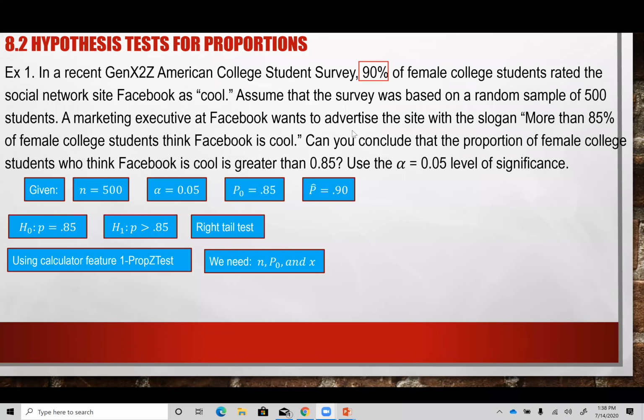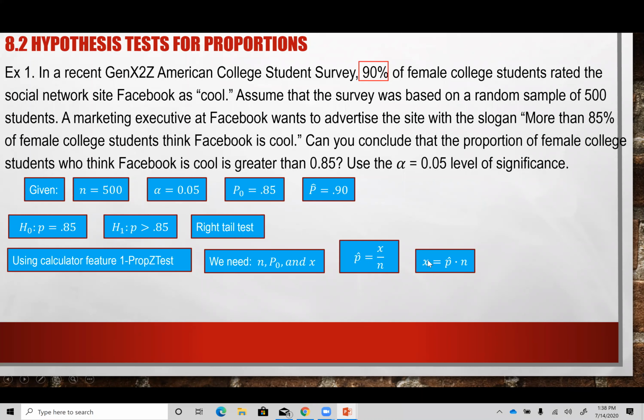So if we don't have an X value, what do they give us? Well, I told you guys to remember earlier that P hat is equal to X divided by N. They give us the P hat. Can I find the X? Do you agree that I can multiply the N over to give me X by itself?